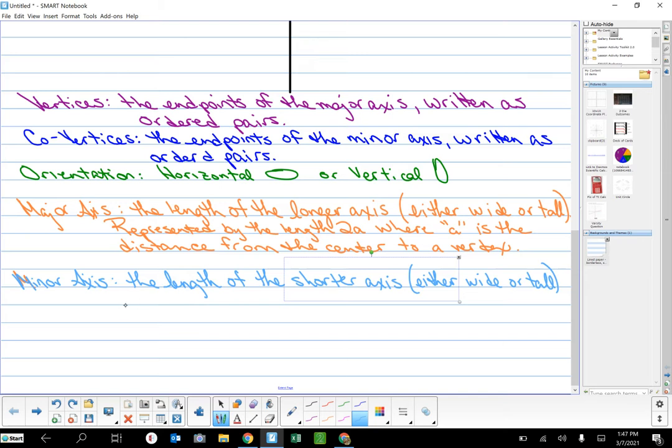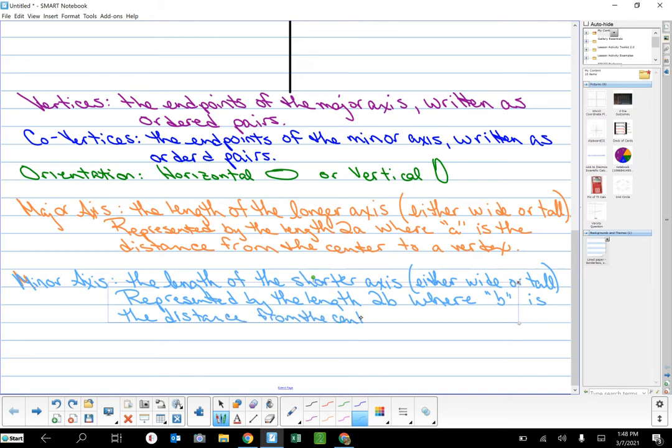And this is represented by the length 2b, where b is the distance from the center to a covertex. Okay, so now you've got a bunch of information.